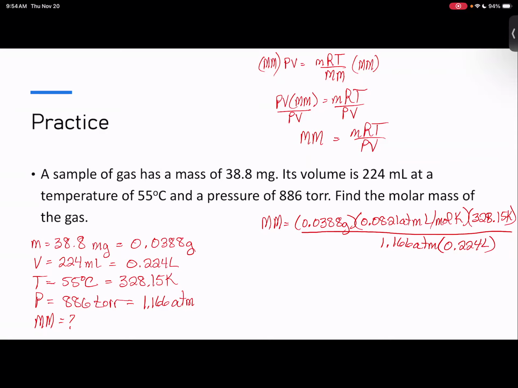And you get a value for the molar mass of 4 grams per mole, which tells me that this is probably helium.